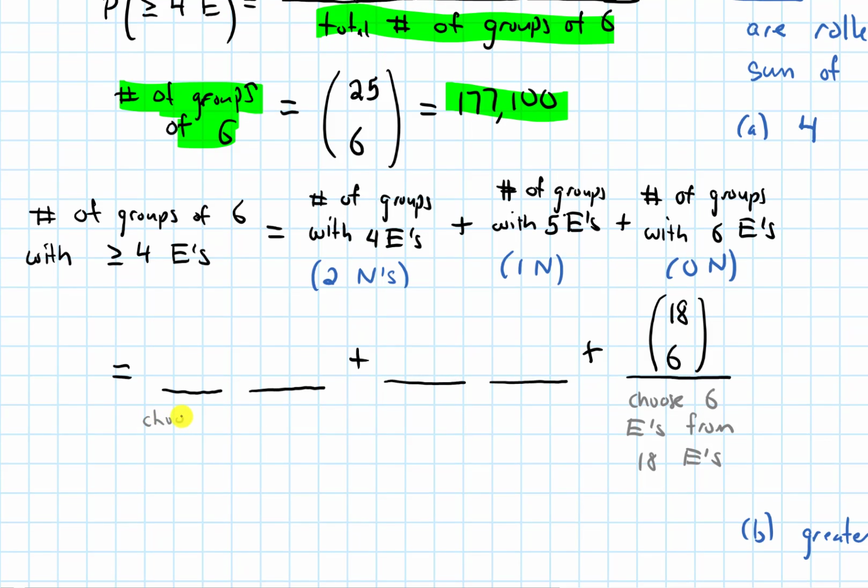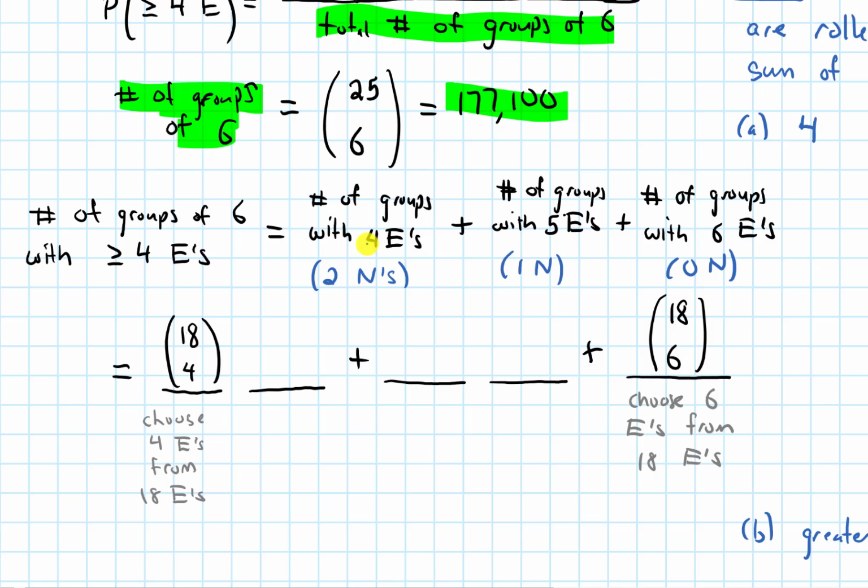So now we're going to have to choose 4 experienced members, 4 E's from, and we had 18 E's total. The order in which we pick them doesn't matter, so this is a combination. We're choosing 4 experienced members, so 4 at the bottom, from a group of 18 total experienced members, so 18 at the top, and we have 18 choose 4 ways to pick the 4 experienced members.